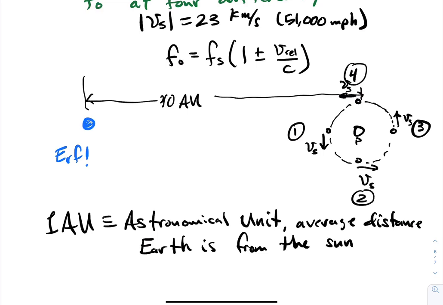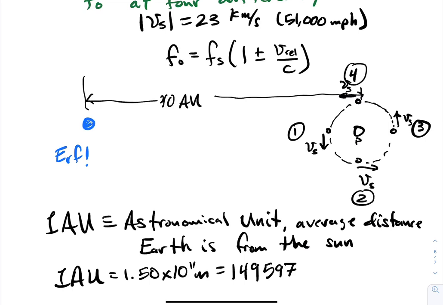And it's, of course, equal to 1.50 times 10 to the 11 meters, or if you want to be really specific, I believe it's 149,597,670,700 meters. I hope I got that right. It's been a while, but there it is. We'll just use this for funsies.